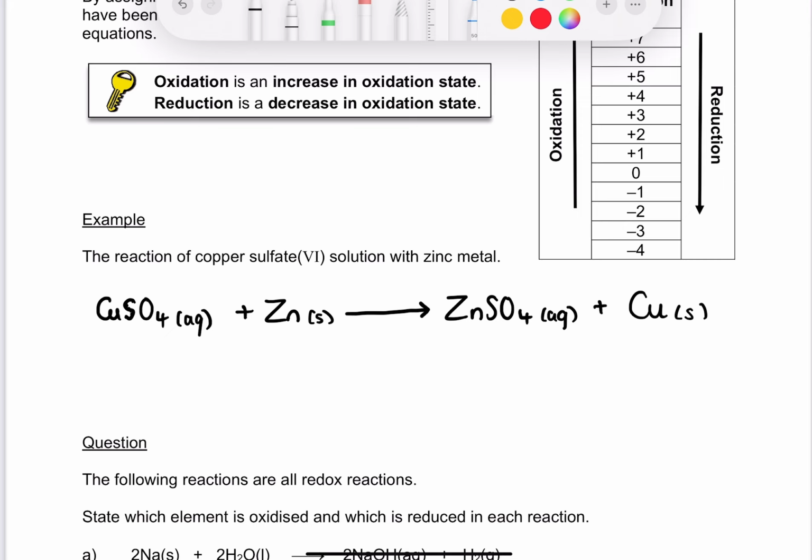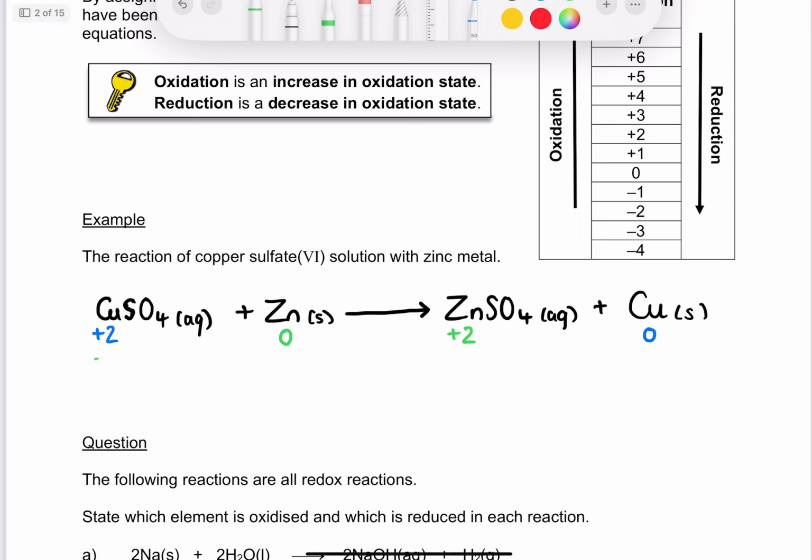If we were to put oxidation states on this, we would see that at the start the copper is +2, and at the end it's an element, so it's 0. The zinc is starting off as an element, 0, and ending up as +2.